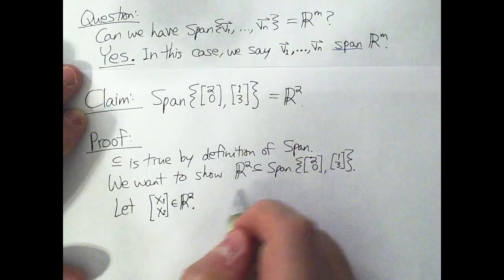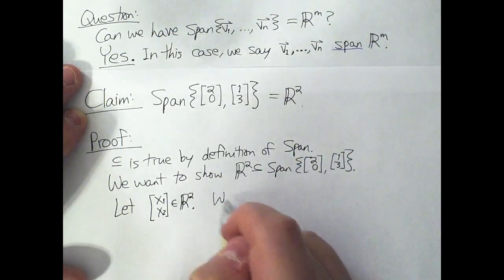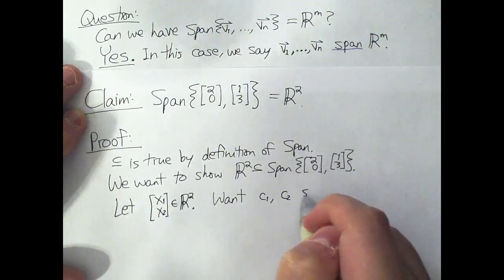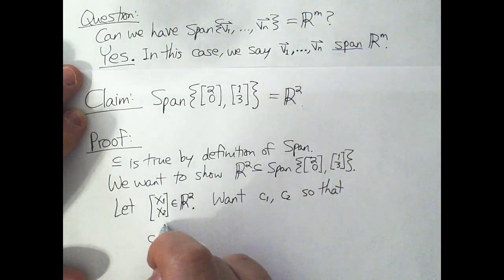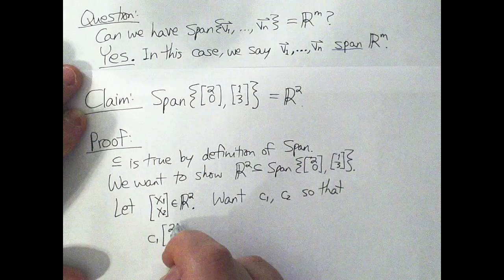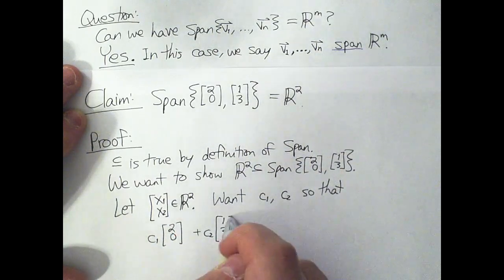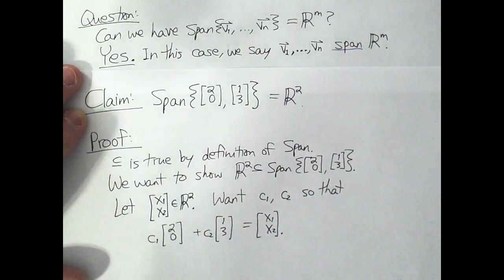So what does it mean to show that this is in the span of that? It means that we want to find weights c1 and c2 so that x1, x2 equals c1 times (2, 0) plus c2 times (1, 3). All right, we want to show that this is possible. We want to show that there is a c1 and there is a c2 that makes this a true statement.